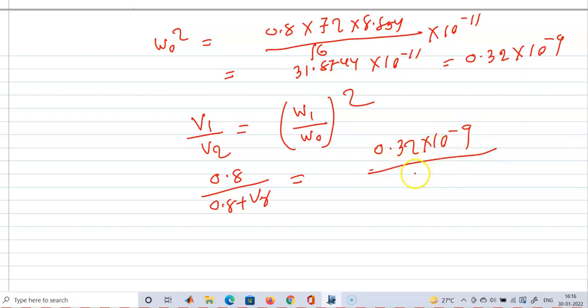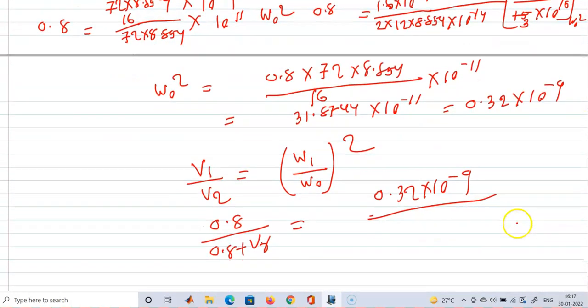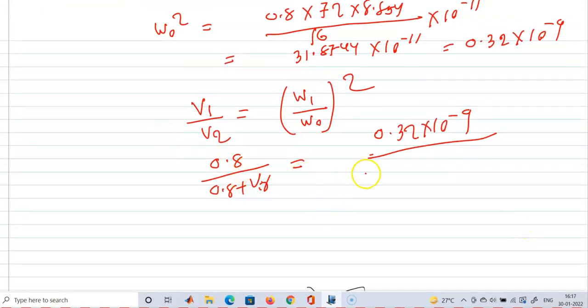For the fully depleted case, which I said would be used later, W2 is 0.6 into 10 to the power minus 4, the total depletion width. Squared, that is 0.36 into 10 to the power minus 8.